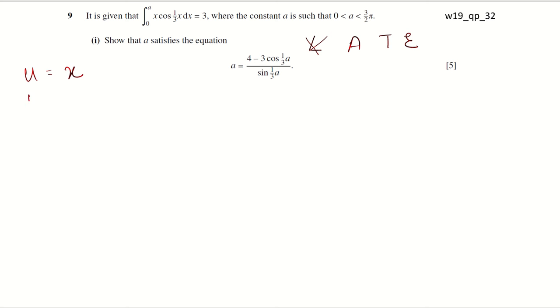So we'll have to find u prime, that is going to be 1. v prime, remember, v prime is going to be equal to cos 1 by 3x because we already have taken the first function, so the one that is left is cos 1 by 3x.